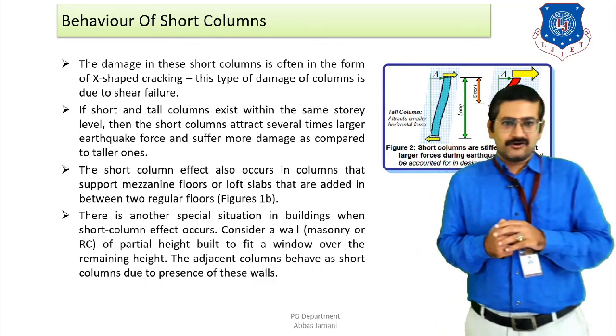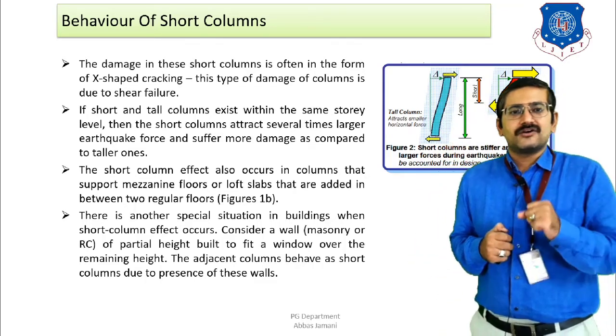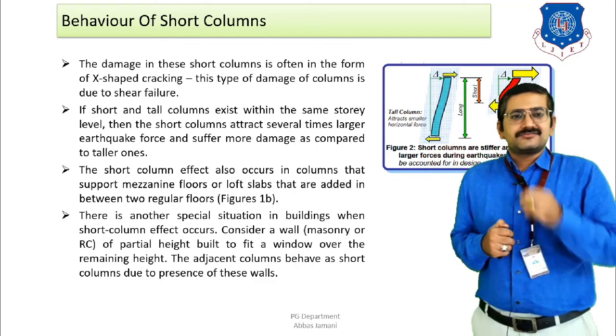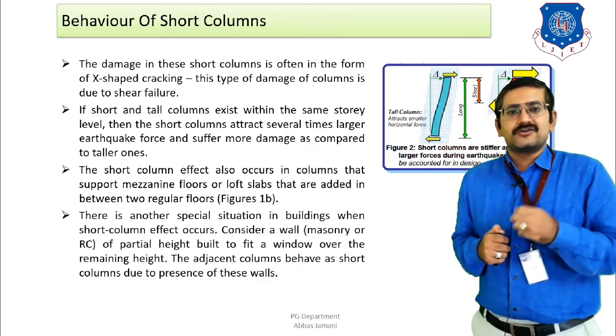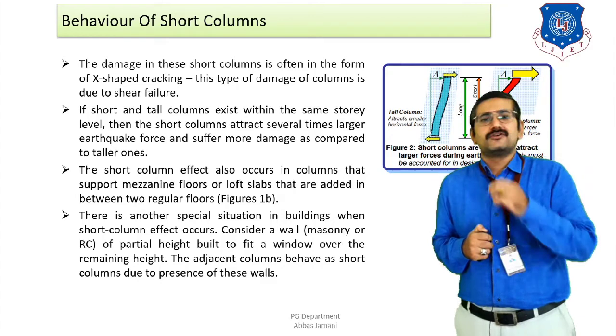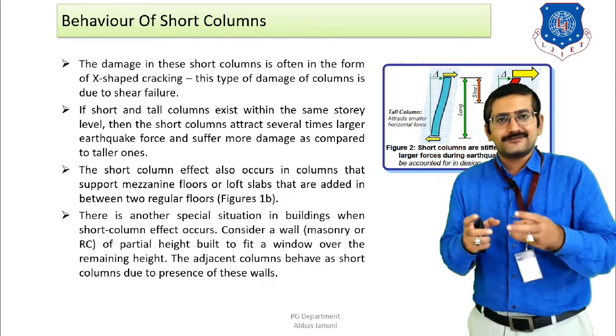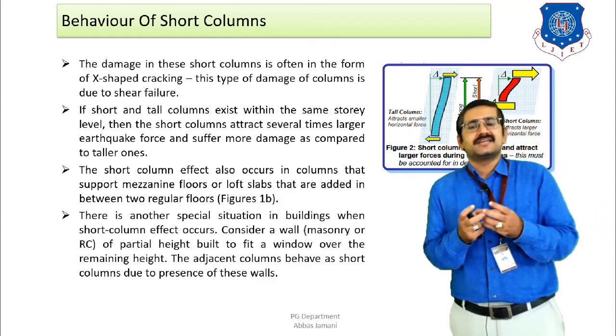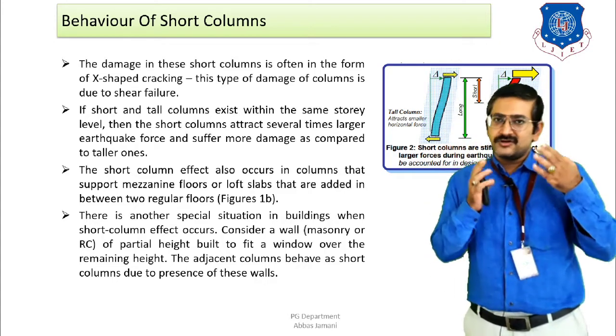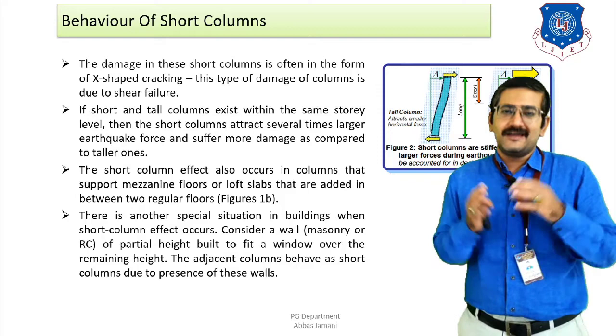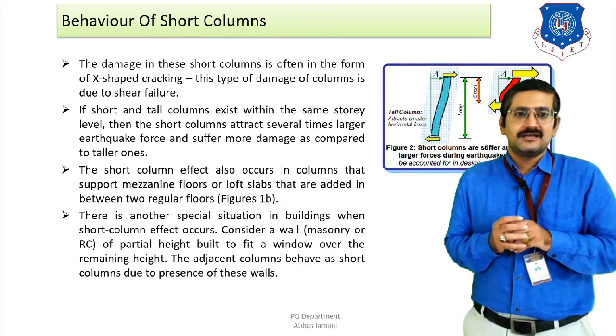That is, if short and tall columns exist at the same story level, then the short columns are going to attract a much larger amount of lateral forces due to the increased stiffness. As a result, the demand for shear capacity increases, because a large amount of lateral forces is diverted to this short column due to the increase in stiffness.